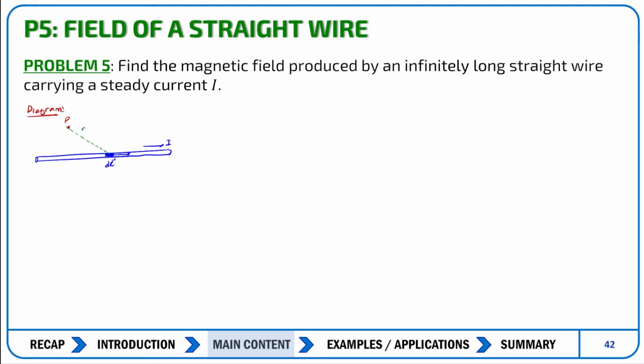So this is R, and then this has R hat. And we have a distance y away from the wire. So R is equal to the square root of, we can have this being x squared plus y squared. Now there's also an angle between these two vectors, r and dl.